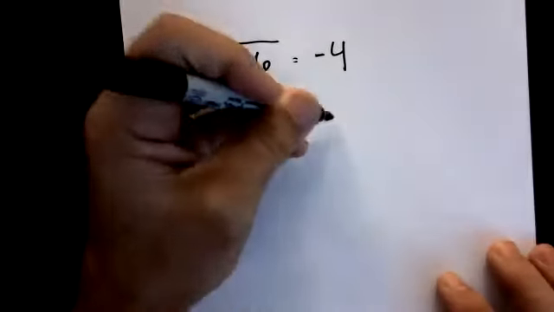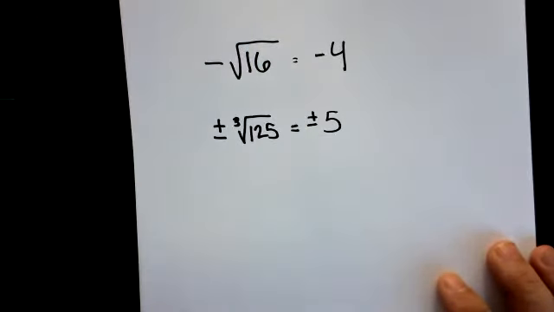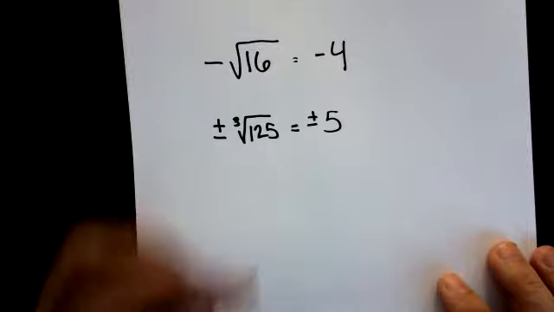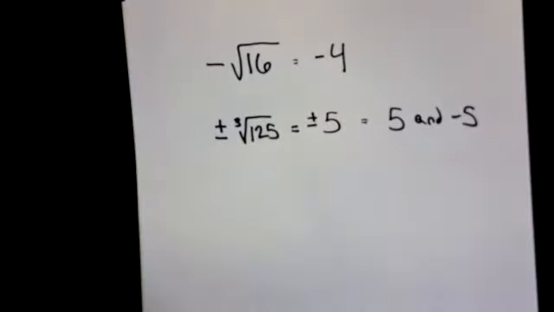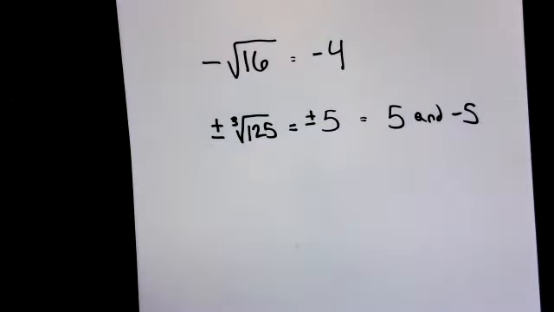So the cube root of 125 is 5, and then you can write that symbol out in front. So that means plus or minus 5. And what that implies is both positive 5 and negative 5. So instead of writing them separately, it just gives you a way to write them both at the same time. It's just a different kind of symbol.